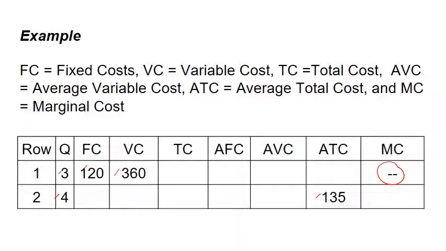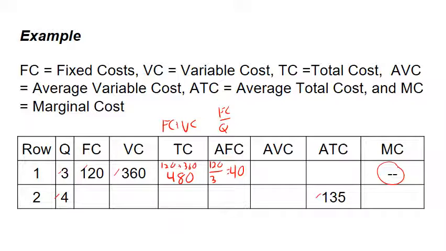Total cost is simple. Total cost is the sum of fixed cost and variable cost. So we take 120 and we add that to 360 and we're going to get 480. Average fixed cost is fixed cost over Q. So we're going to take 120 and divide by 3, and that'll give me 40.